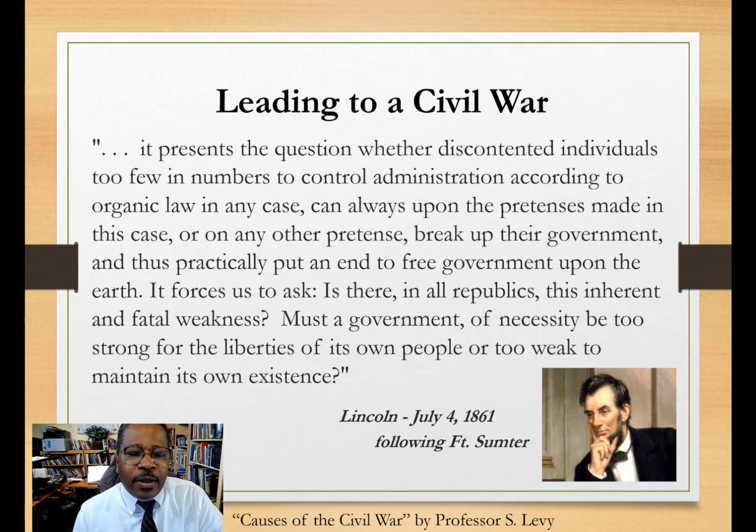But that's the democratic process. Once people decide that they're not going to accept the results of an election, then democracy itself is at stake. And that's what Lincoln was saying to the country at that time. And that's a good question for us to ask ourselves even today in these divisive times.